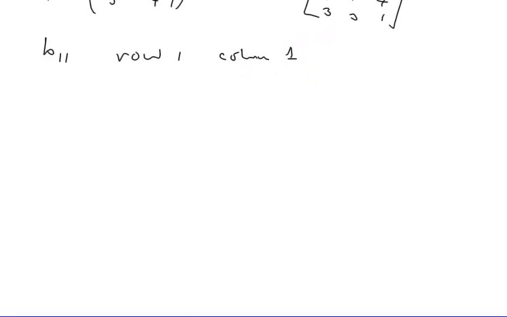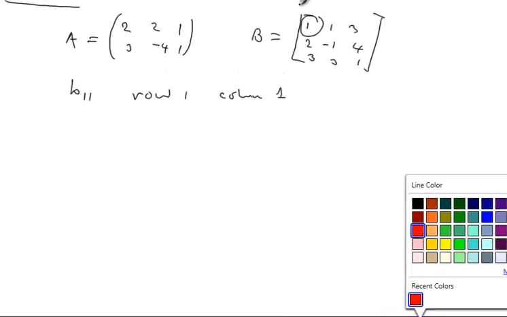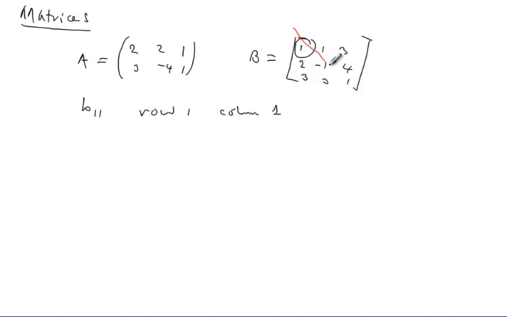Then we've got these entries here, 1, 3, 4 and the 2, 3, 3. Those entries there, they form what we call the principal diagonal.